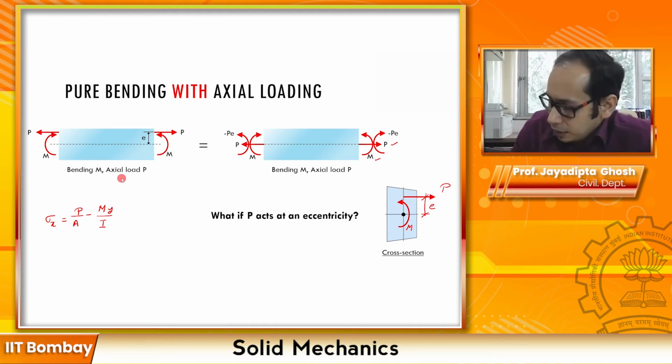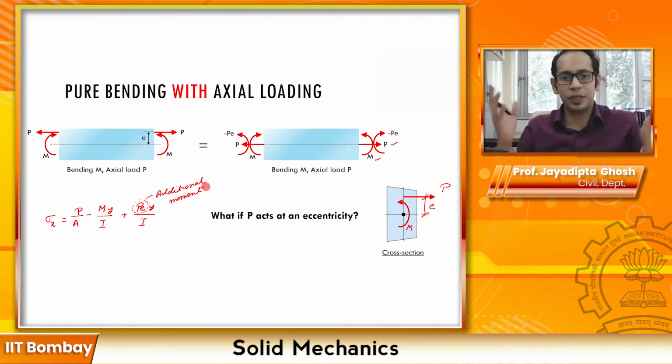For that, the moment is P times e, and the arm from the neutral axis is still going to be the same, that is y divided by I. This part is the additional moment.